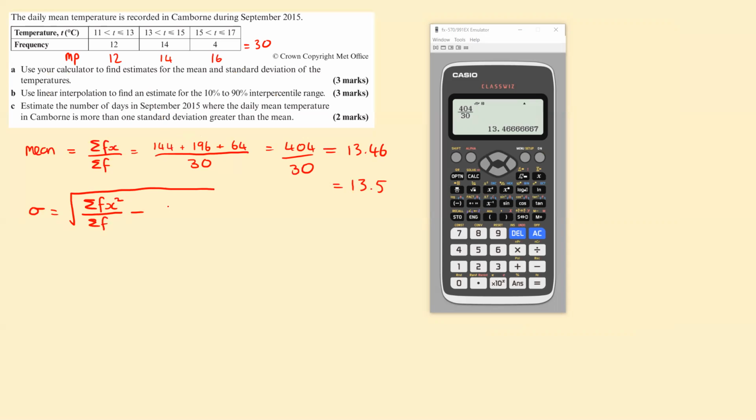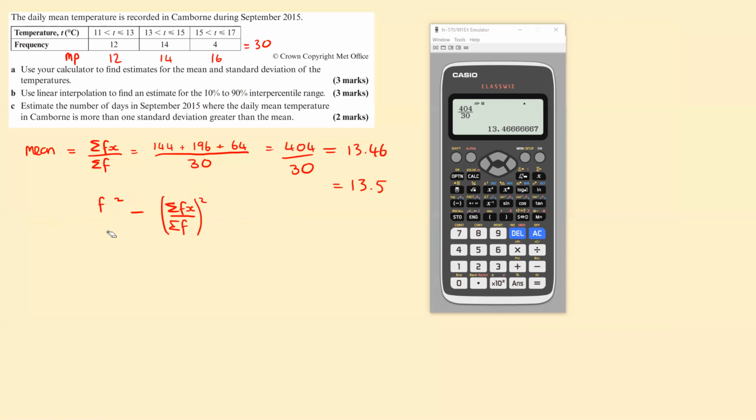Then we subtract the mean from it, and we square that. So that's the formula for standard deviation. Obviously variance is the same, just without the square root, and it's sigma squared on the left. So we could just plug all those in. I'm not going to go through that; I'm just going to do it using my calculator.